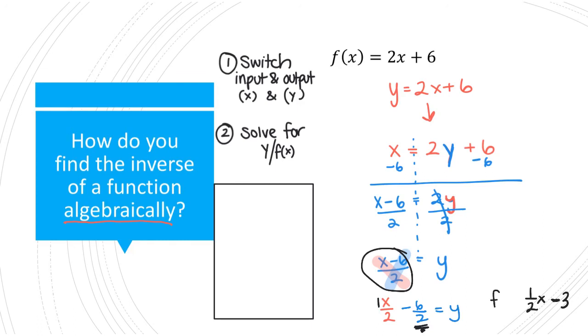Finally, instead of writing y, I want to use inverse notation, so I want to have f to the negative 1 of x. Now again, that negative 1 power doesn't mean I'm raising it to the negative first power. It's just notation that means inverse. So there's my inverse function.